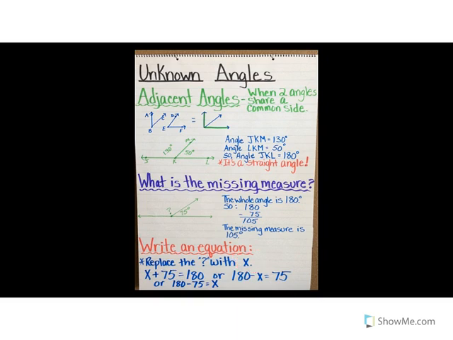So I could say x plus 75 is 180, or 180 minus x is 75, or what I did to solve it, I could simply say 180 minus 75 equals x. Guys, when you're working today, look back at this anchor chart for examples and different strategies to find those missing measures. Let's do some examples together.